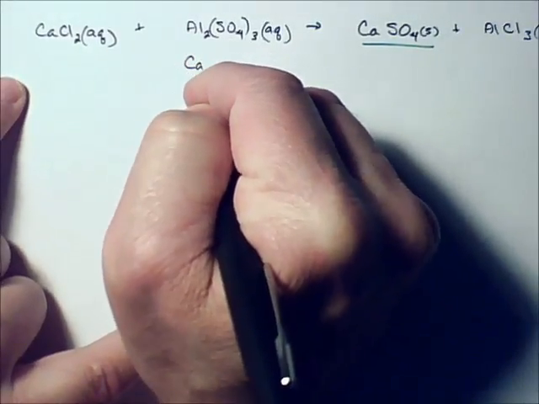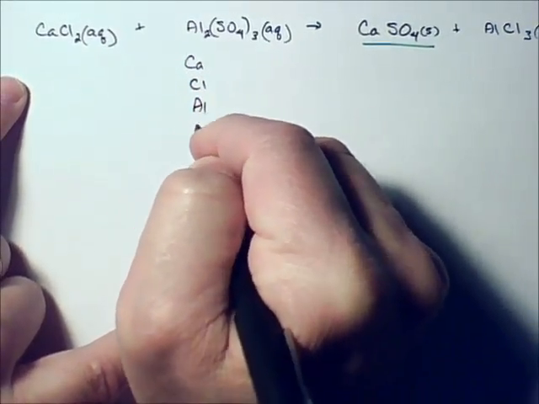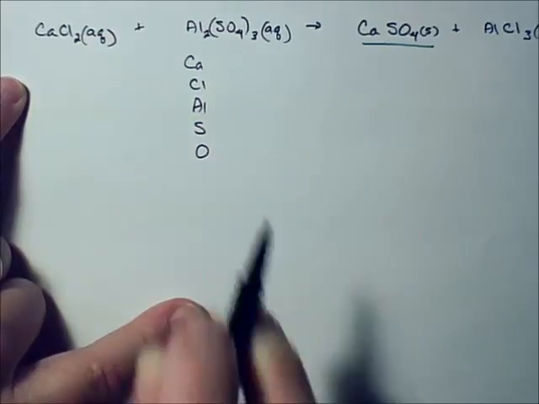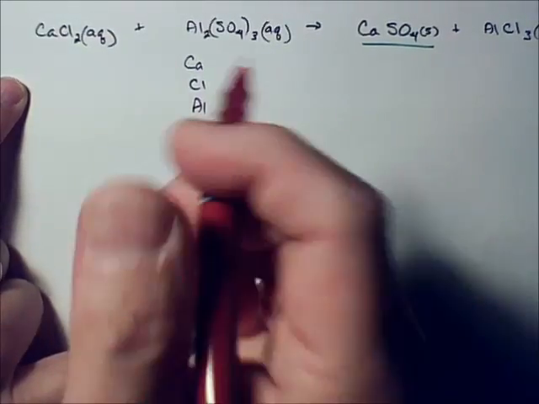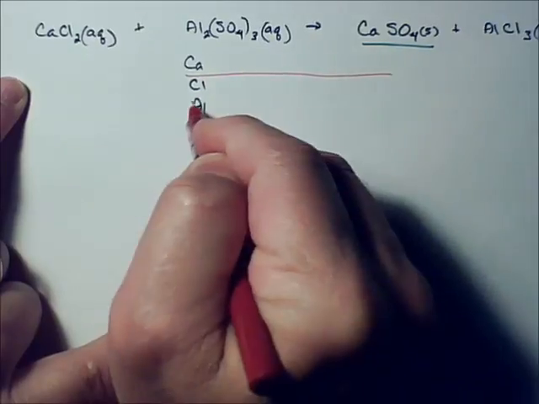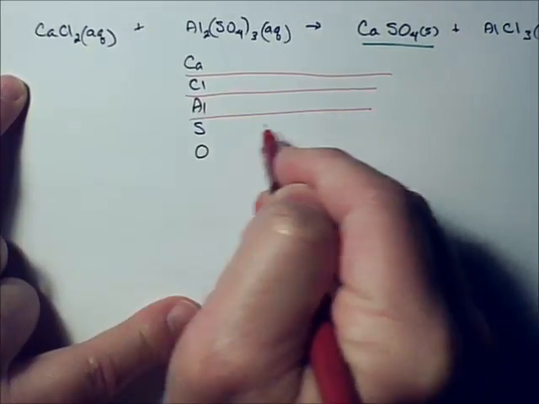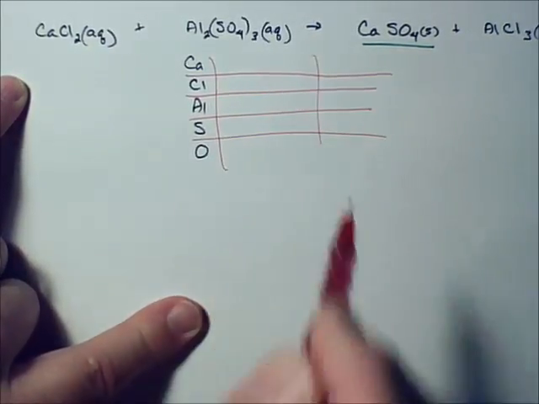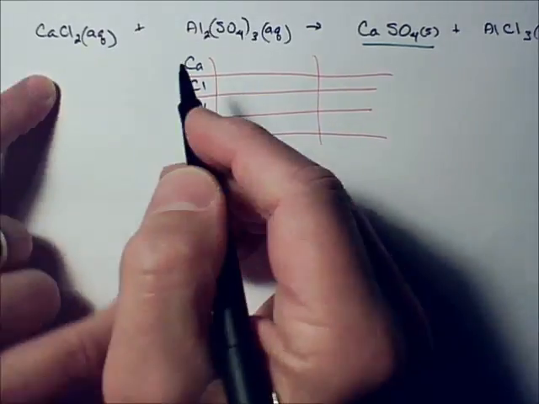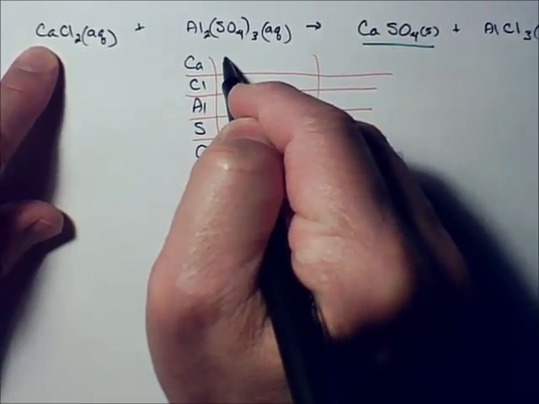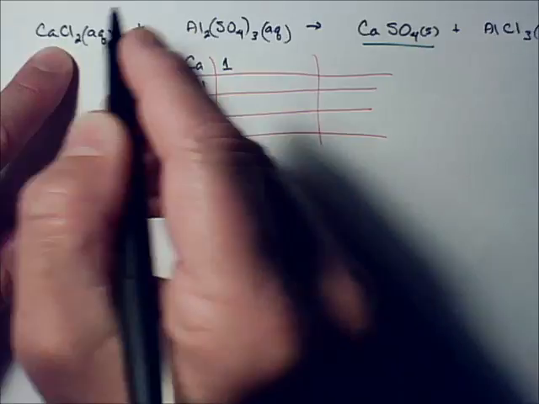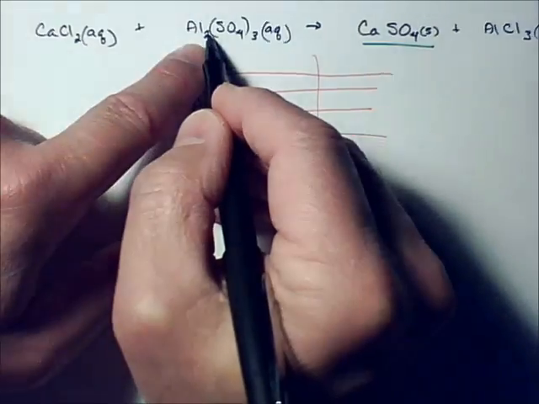So we're going to list all of our elements: calcium, chlorine, aluminum, sulfur, and oxygen. Make a kind of mini spreadsheet or grid here, and then we're going to count everything. I've got 1 calcium. This subscript 2 means I have 2 chlorines.